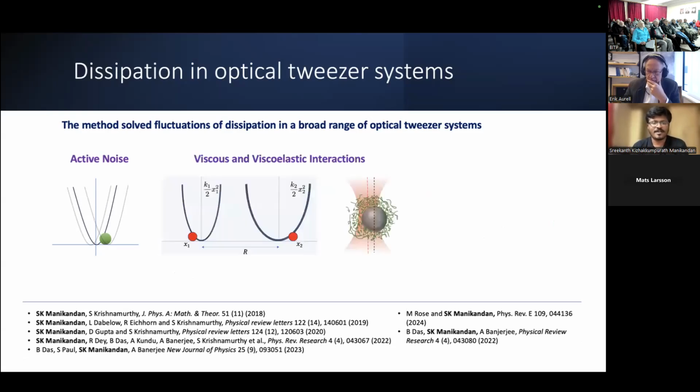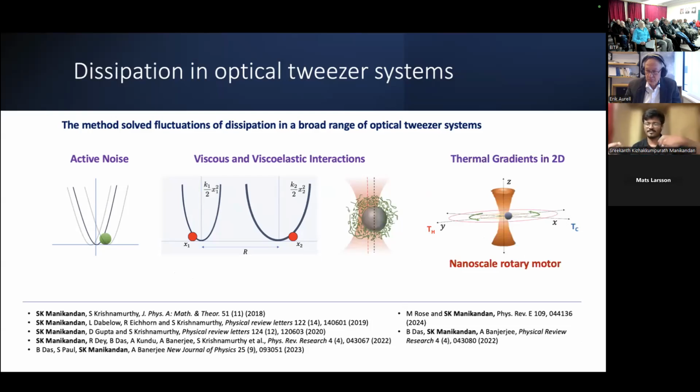And then particles having viscous and viscoelastic interactions, which are very typical of a cellular context. And then particles experiencing multiple temperatures along orthogonal directions, so that they start going around the mean position in a systematic manner like a rotary motor, and so on. So we looked at a bunch of analytically solvable cases. But this is not the problem that I want to talk to you about today.